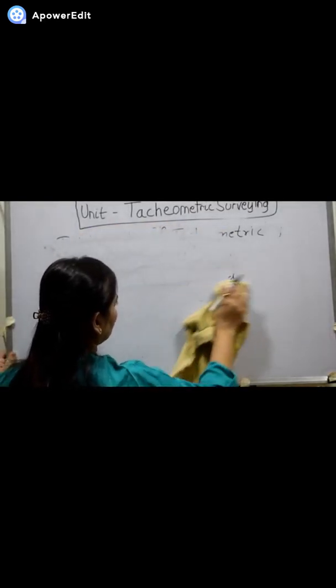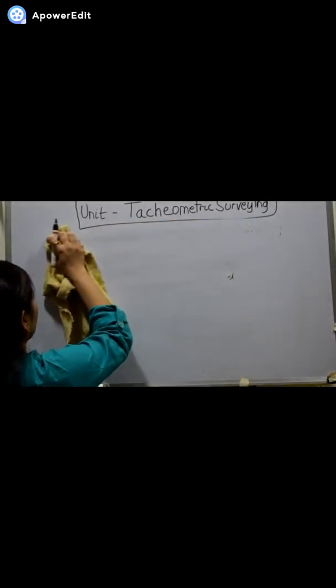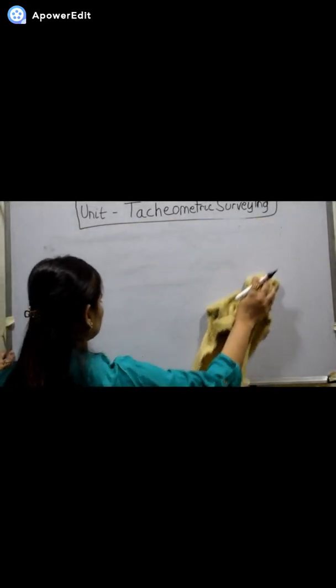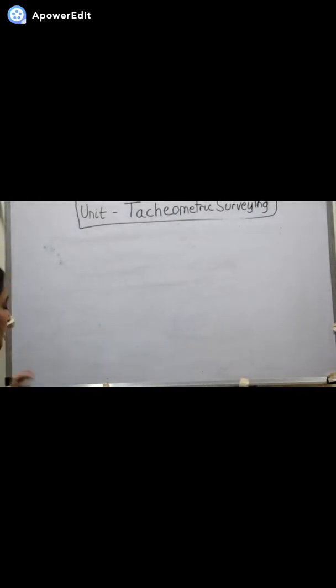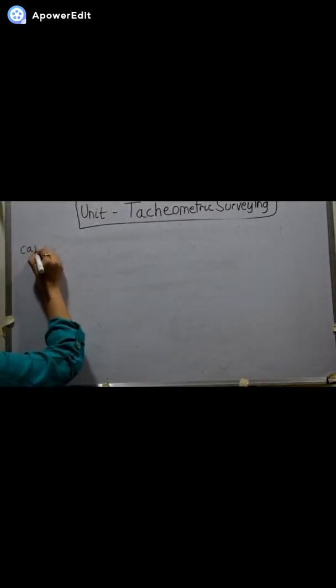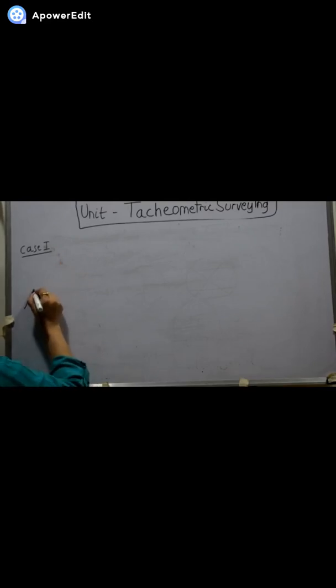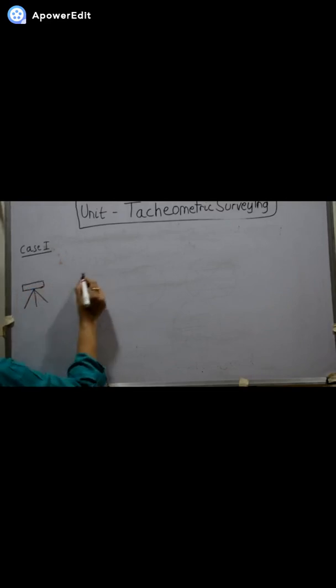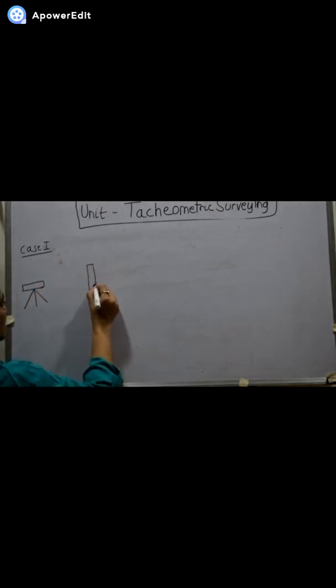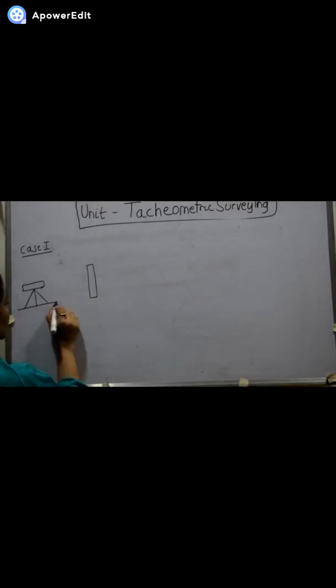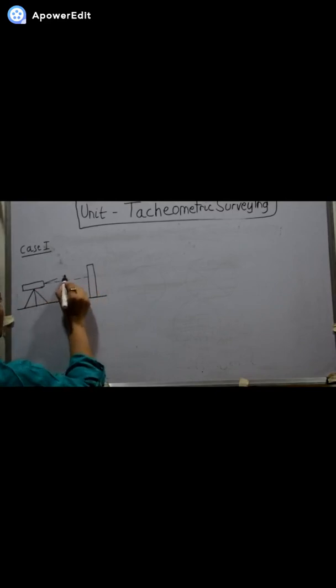In the fixed hair method there are three cases. The first is for a horizontal line of sight. What is meant by that? In case 1 of the fixed hair method, the tachometer is fixed on a theodolite, the staff is kept vertical, and three hair readings are taken.